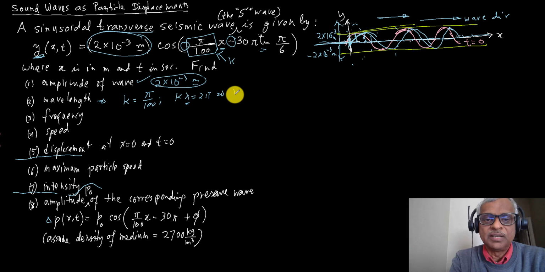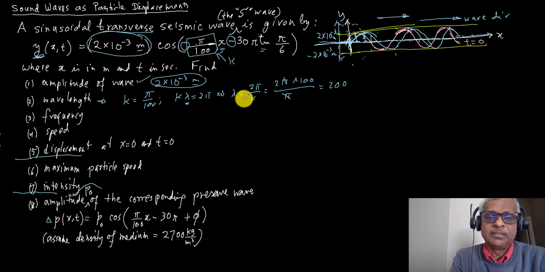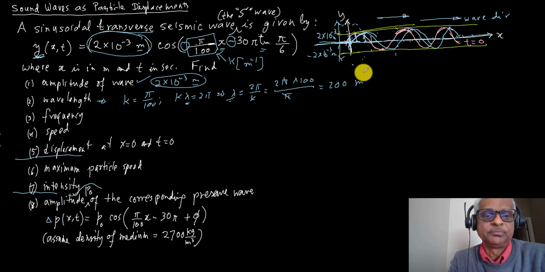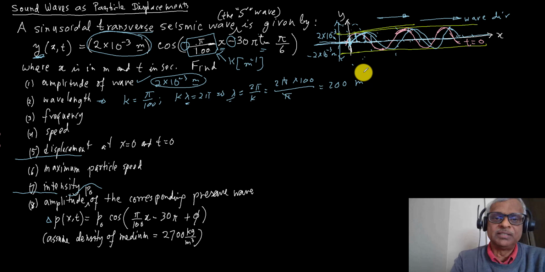So lambda is 2 pi over k, which is 2 pi times 100 over pi. So this is 200, and k is in inverse meters, so lambda is in meters. That's how we get the wavelength.